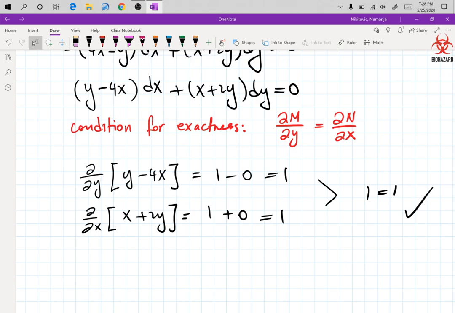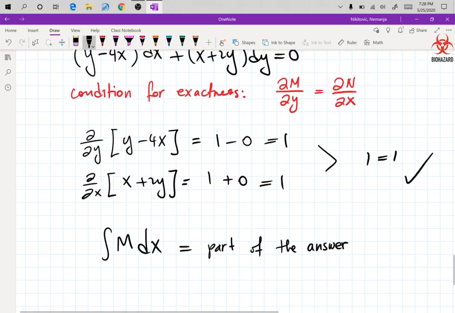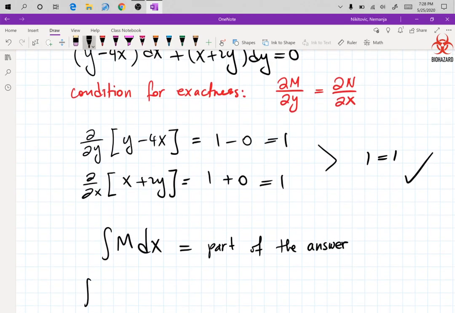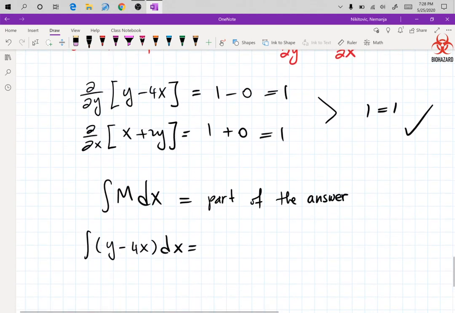So we're going to integrate M dx to get our part of the answer. Let's go that way, if you wanted like a step or something. So what is my M? It's the integral of y minus 4x dx. So that's what I am integrating.